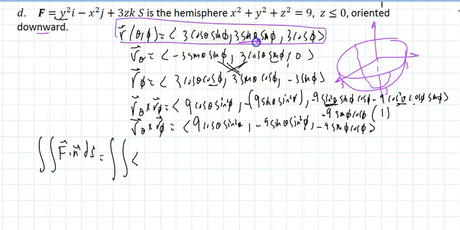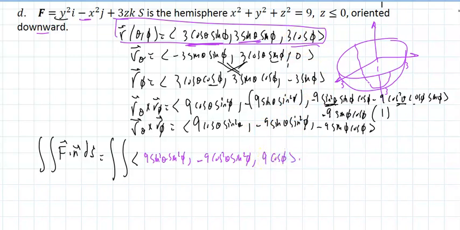So y squared, that is 9 sine squared of theta sine squared of phi minus x squared, negative 9 the cosine squared of theta sine squared of phi plus 3z. 3 times 3 is 9 cosine of phi.